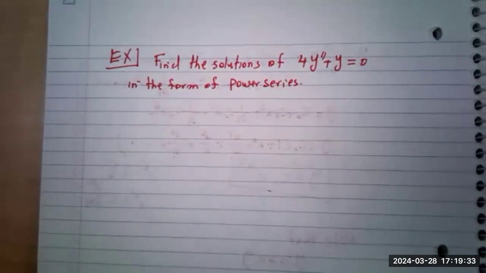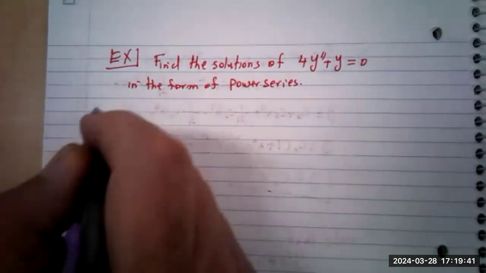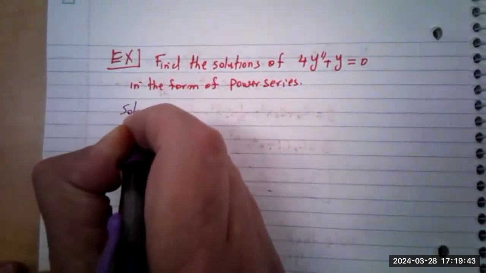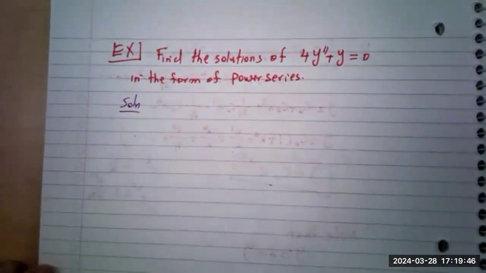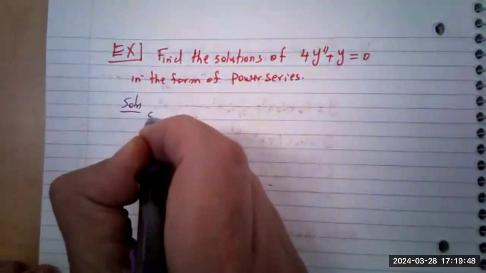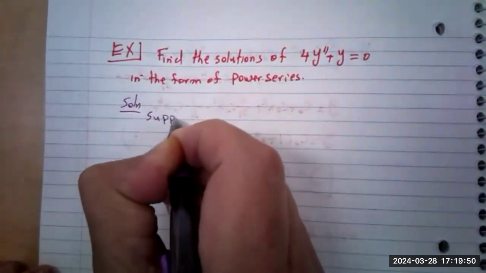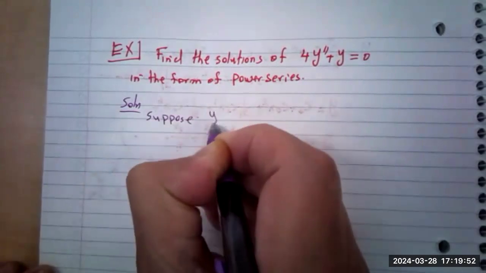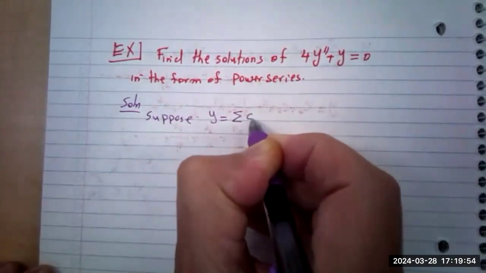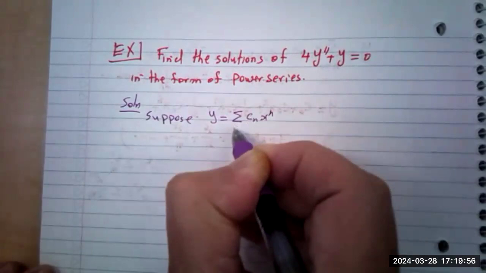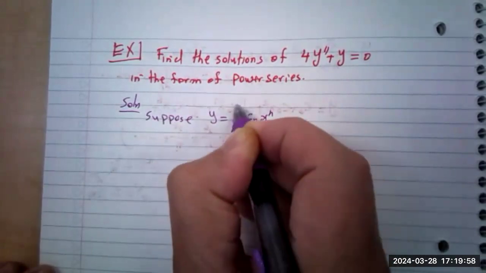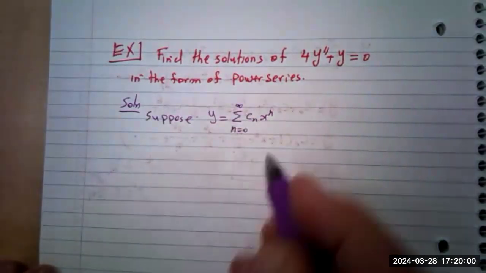Okay, again, you start by suggesting the solution to be a power series, a Maclaurin series, and you substitute it. Suppose your solution is y equal to the sigma of Cn x to the n from 0 to infinity.